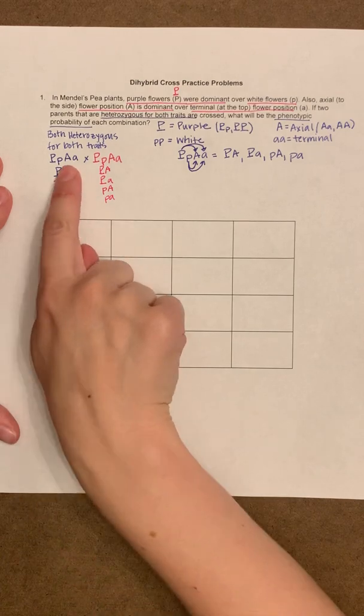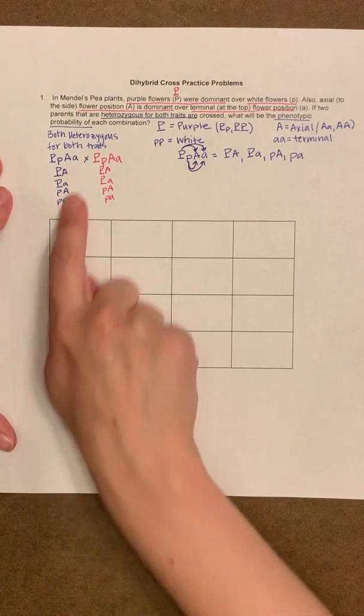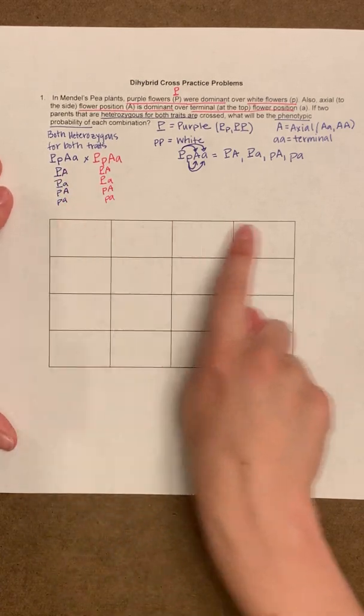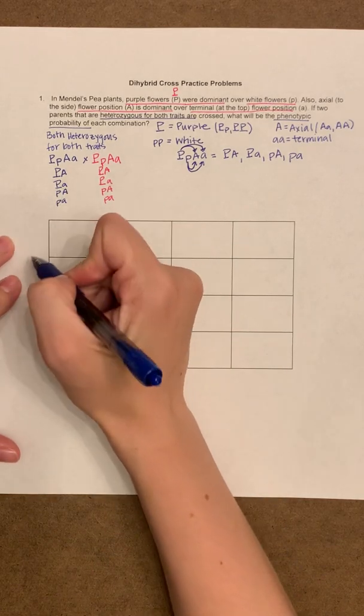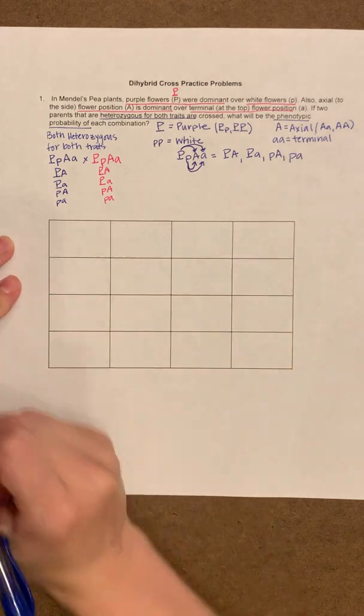So now I need to place each gamete possibility either along the side or the top. And again, it doesn't matter which one you do where, as long as you're consistent and you keep them together. I'm going to go ahead and put the blue over here on the left.